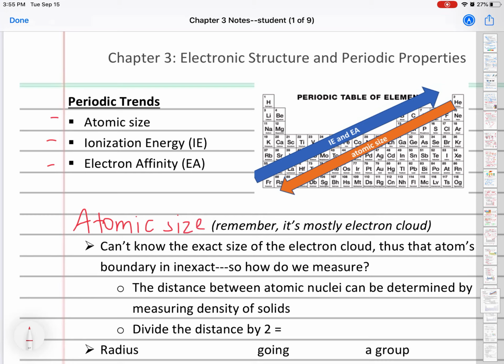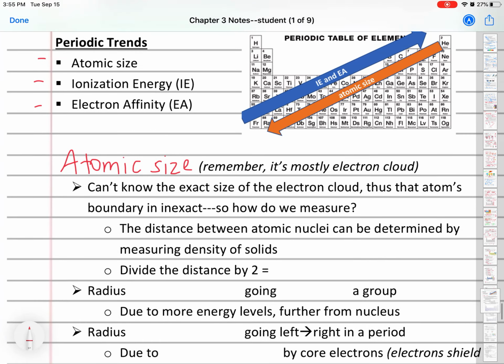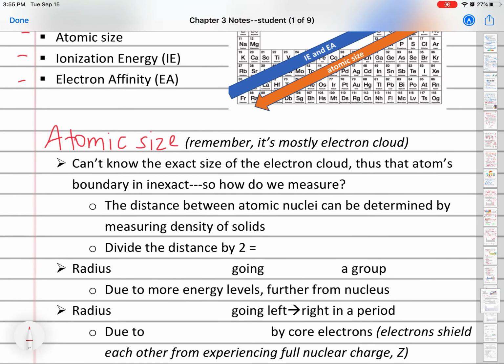So remember, the size of an atom is not definite and clear because that electron cloud is kind of fuzzy, but also the electron cloud is basically the determinant of the atomic size. Most of the space that an atom takes up is its electron cloud.